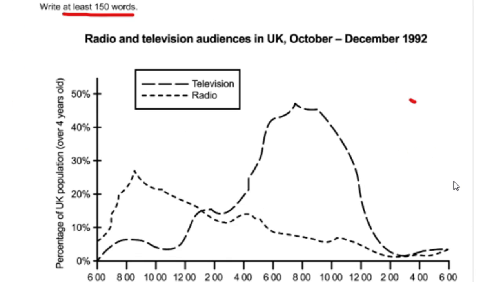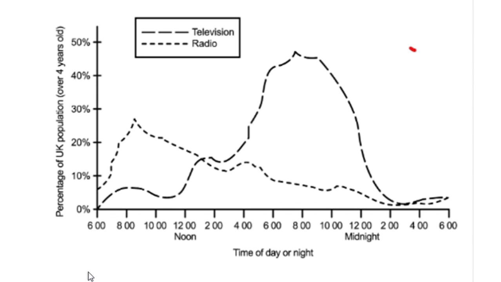Right, so let's start by identifying some of the key data. Now, let's take a look at the axes. So we have two axes, the vertical and the horizontal. At the bottom, we can see time: 6 o'clock, 8 o'clock, 10 o'clock, 12 o'clock, all the way through to 6 o'clock.